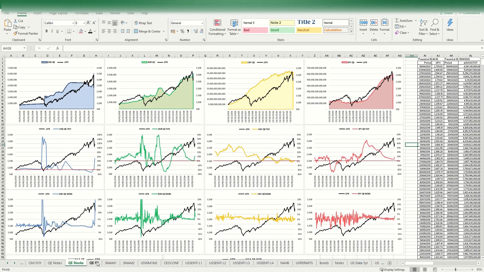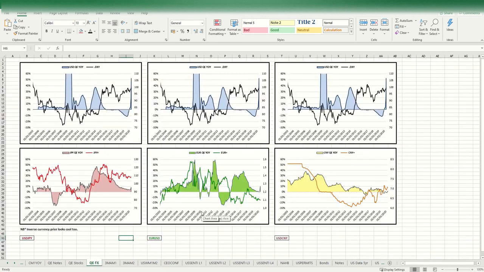If I click on QE FX, what I've done here is compare the rate of QE being deployed on a year-over-year basis, the shaded areas, versus the DXY. And here you can see how Japan's QE has come out compared to the JPY.